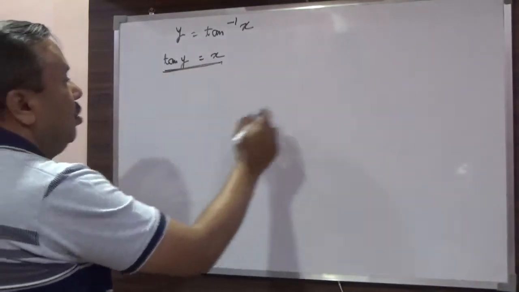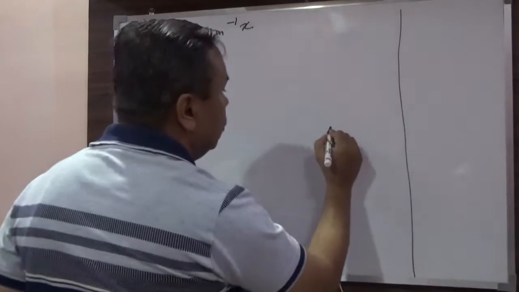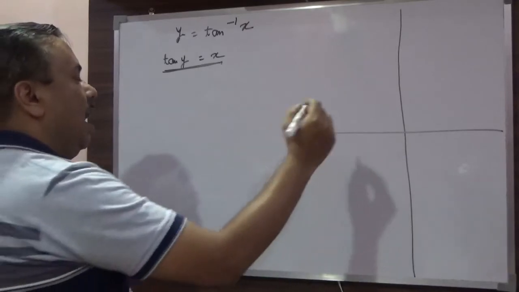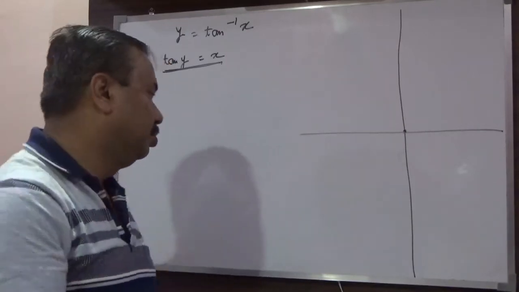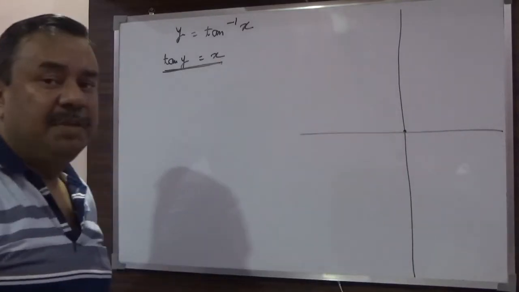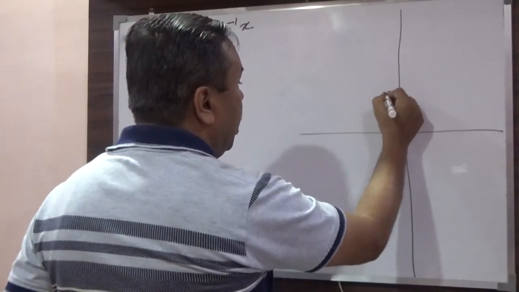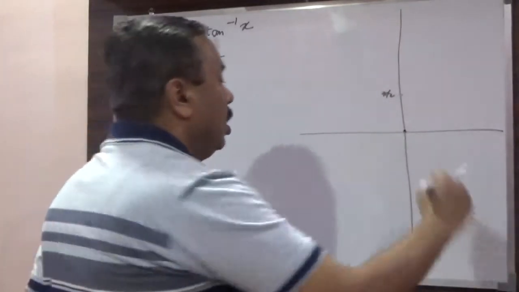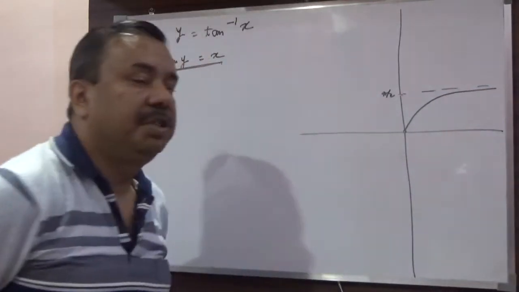So my range will be, first I will make the graph. Okay, at 0, the value is 0, no problem, no issue. Now I will make it the reverse way. When y is pi by 2, what is the value of x? When y comes out to be pi by 2, what is the value of x? I don't have the value. It will keep on going like this and never touch.